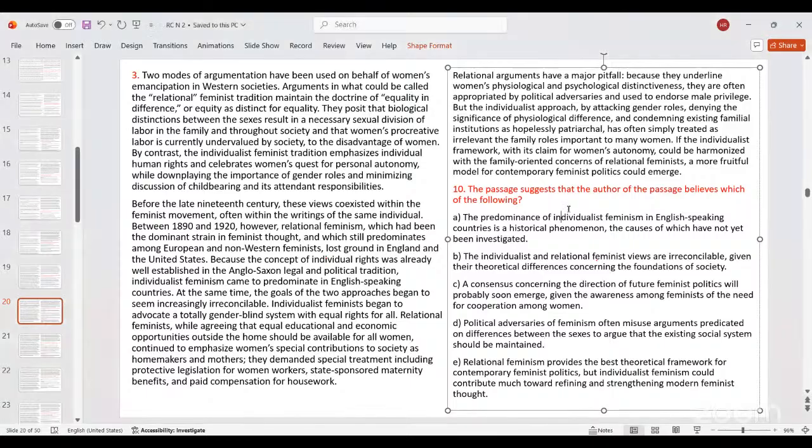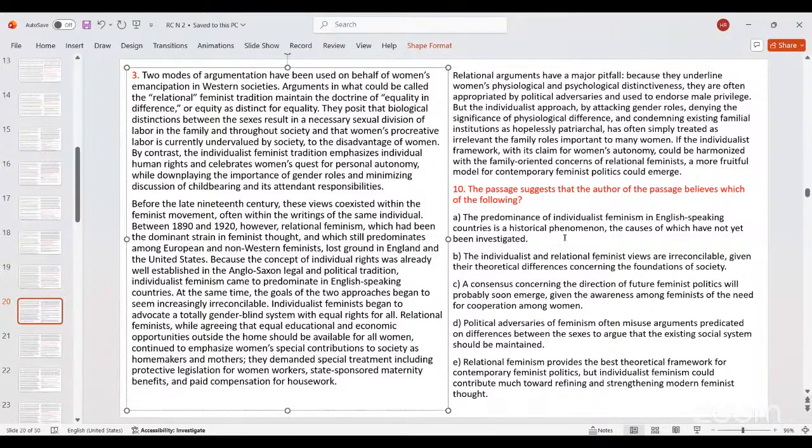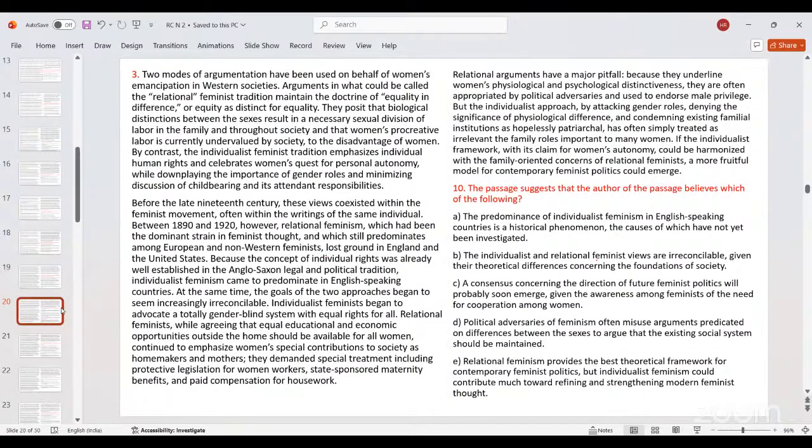Now, inference is the question type where yes, you will struggle, and therefore I suggested giving inference sufficient time. So approach inference questions patiently, give sufficient time. If you are unable to comprehend, if you are unable to derive the message, inference will be a problem.